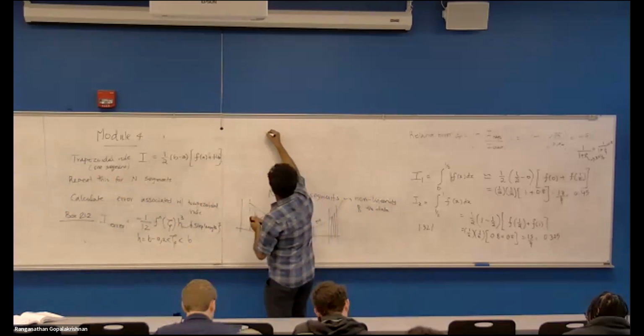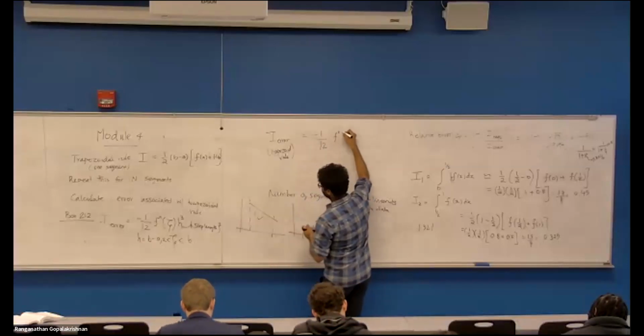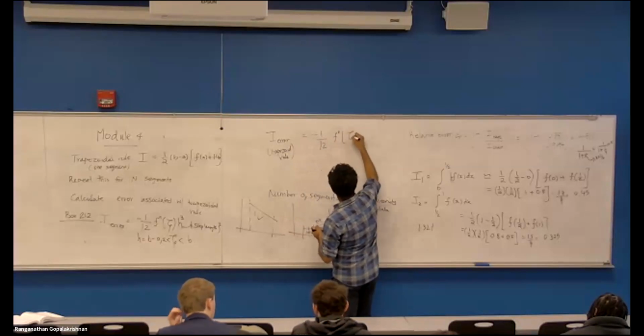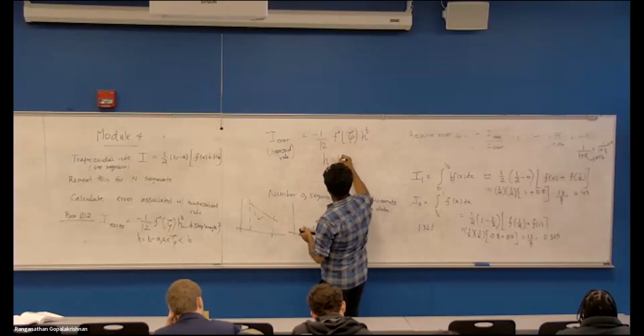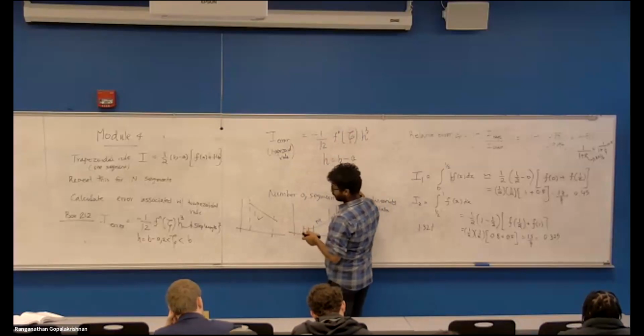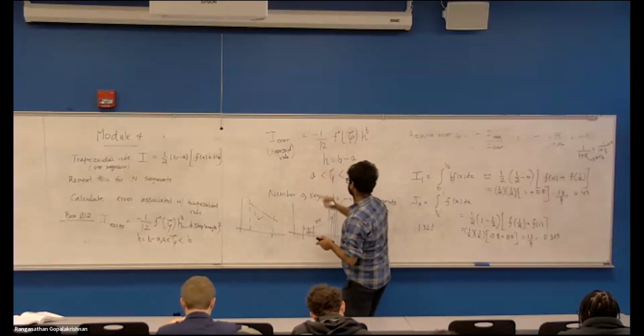So the error associated with the trapezoid rule or trapezium rule is minus 1/12, the second derivative of the function evaluated at zeta multiplied by h cube, where h is equal to the length of the interval or length of the segment, and zeta is a number chosen between a and b.